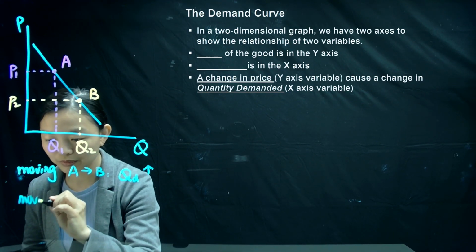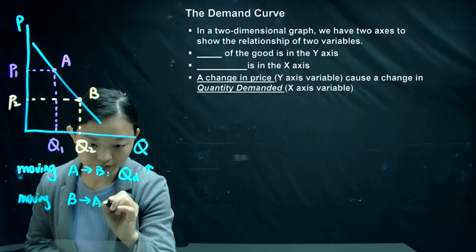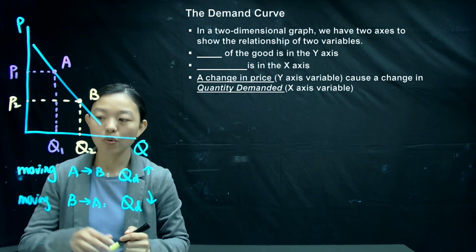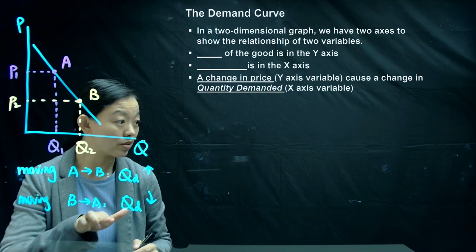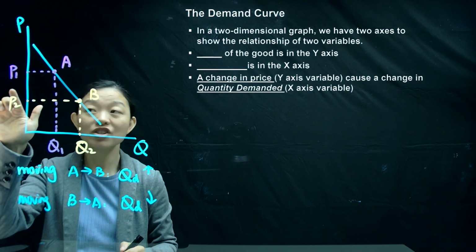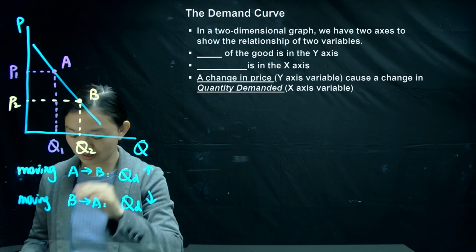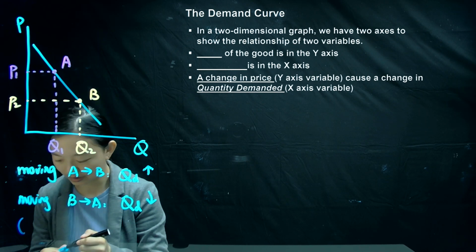And moving from B to A, quantity demand decreases. What's the reason for the quantity demand increase or decrease? Price changes. Just the price of the product changes. So the reason behind this movement is, I'll write it here, okay?